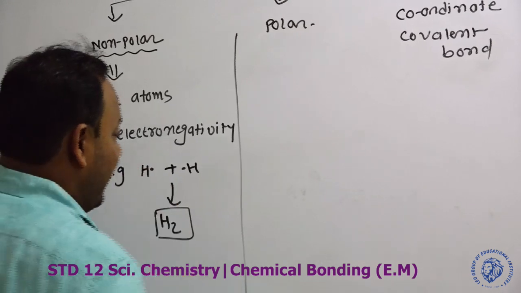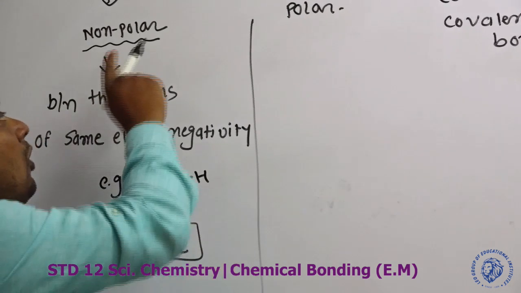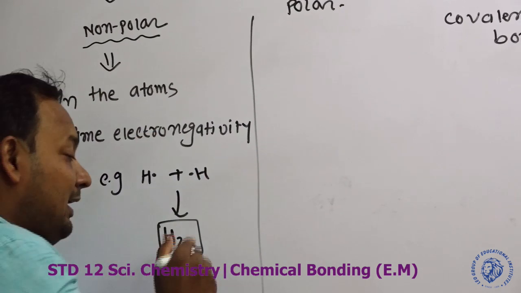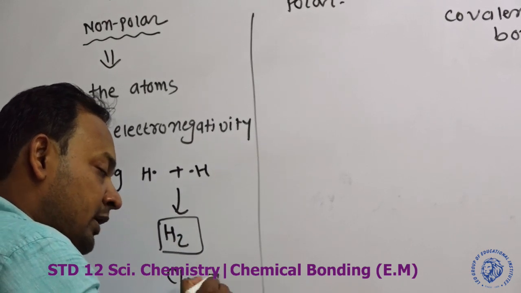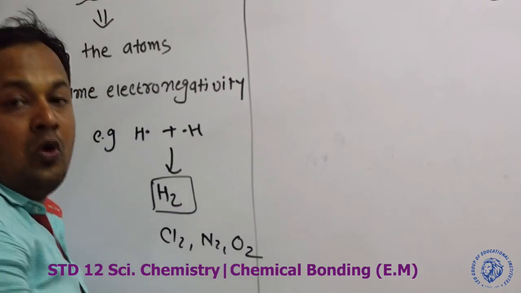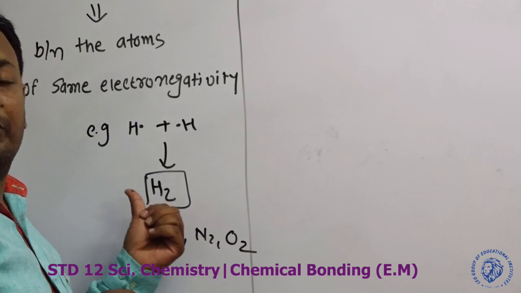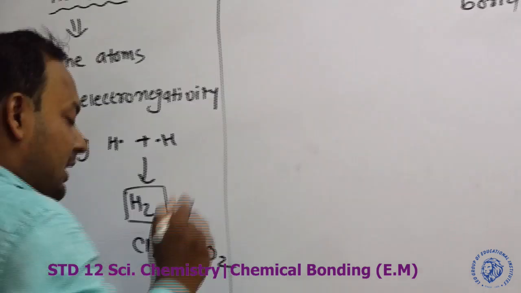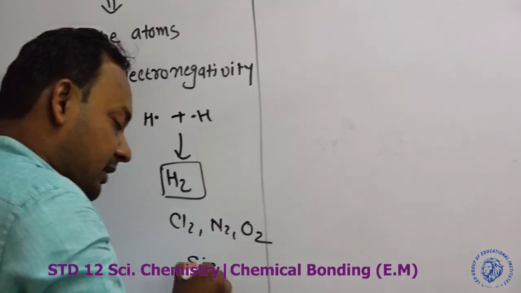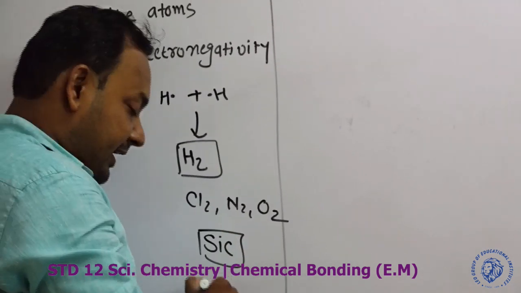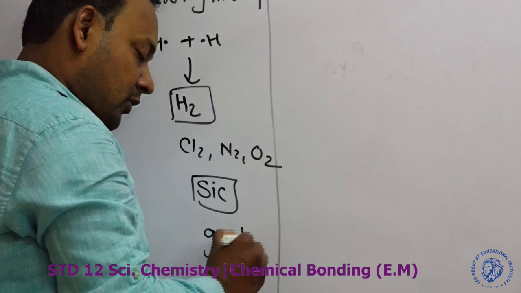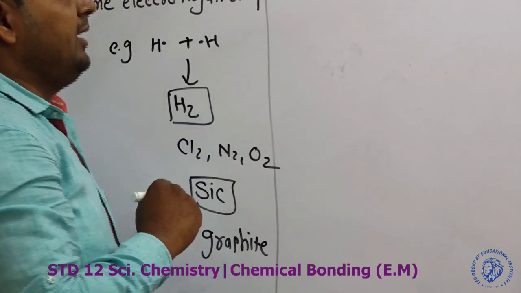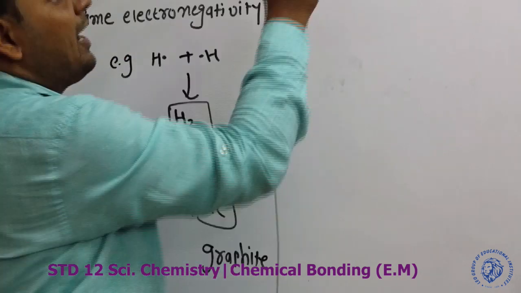So the H2 hydrogen molecule has a non-polar covalent bond. Likewise Cl2, N2, O2, all these compounds have a non-polar covalent bond. Even atoms like silicon carbide and graphite have a non-polar covalent bond.